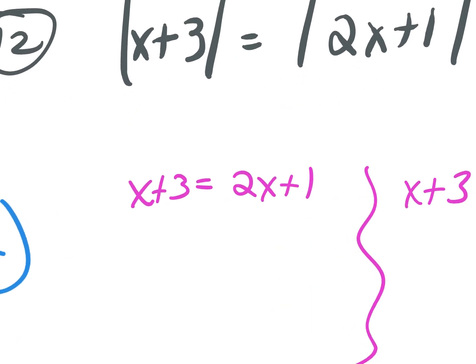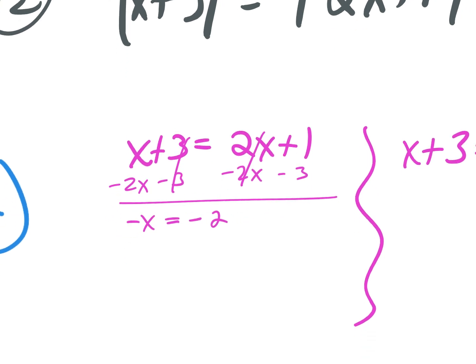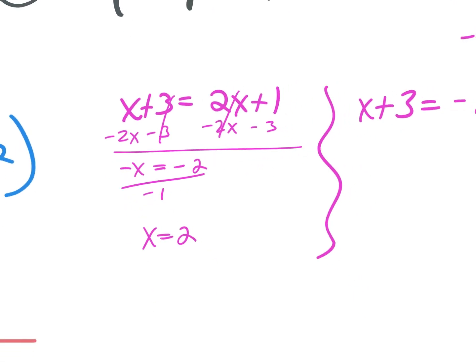So on the left-hand side, I'm going to subtract 2x, and then I'm going to subtract 3. So I get negative x equals what? 1 minus 3? Negative 2. Divide both sides by negative 1. I get x equals 2. Not a fraction, Reese.